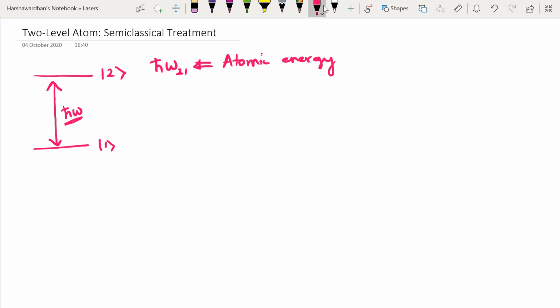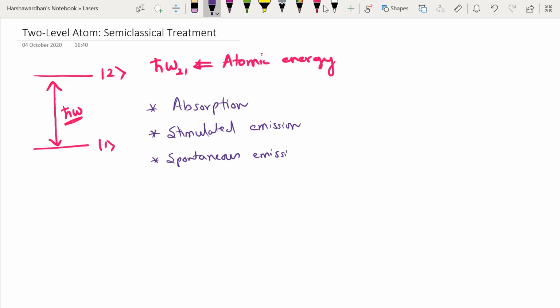A few things can happen to the atom in such a situation. We can have absorption. We can also have stimulated emission and also spontaneous emission. So essentially these are the three radiative processes that I will worry about.